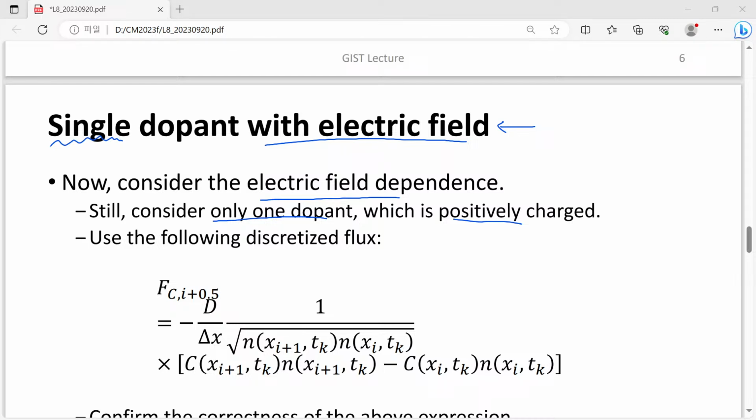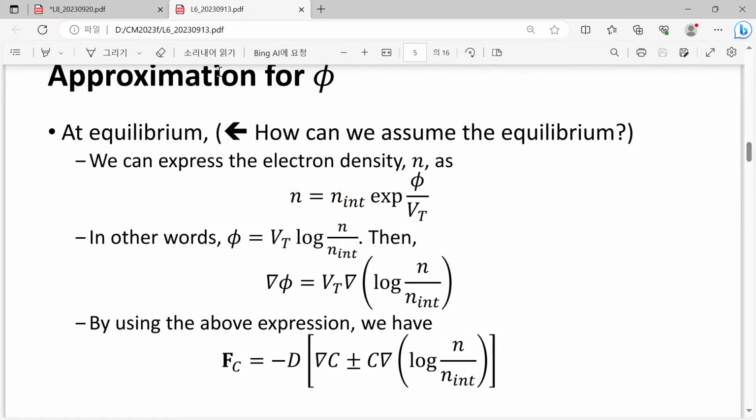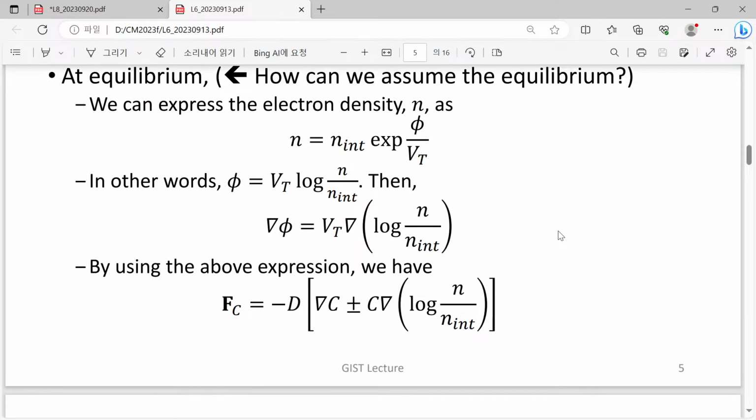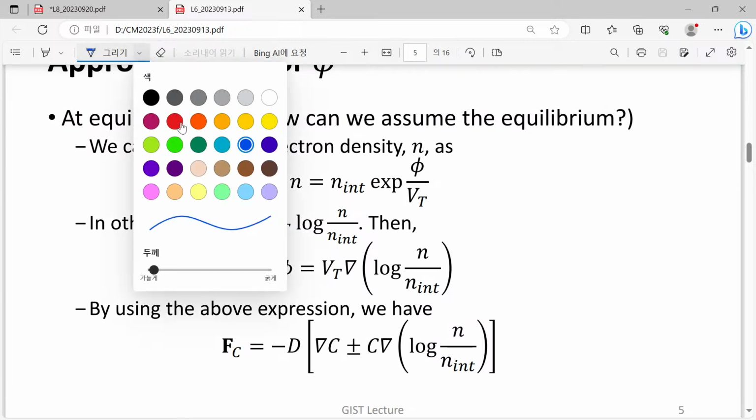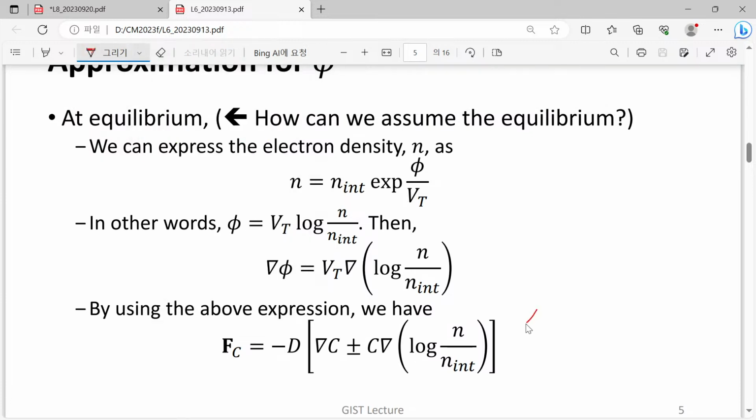Let me just show you our previous discussion. Do you remember that this was our previous result? This is our previous result on the flux.